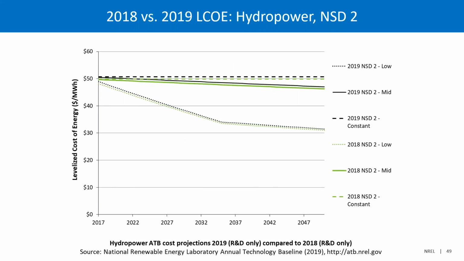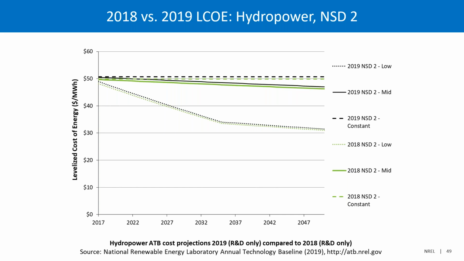And so most of the costs have not changed much comparing 2018 to 2019 in terms of the LCOE. The constant estimate is flat, and it's about at $50 per megawatt hour, and the mid-range declines slowly onto 2050.